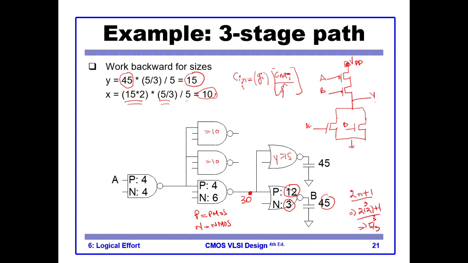Okay, here is your output. So in order to size it 15, the size of this one will be 3, this one will be 3, and this one will be 12, this one will be 12. If you look, for example, into the input A, the 3 plus 12 will give you 15.